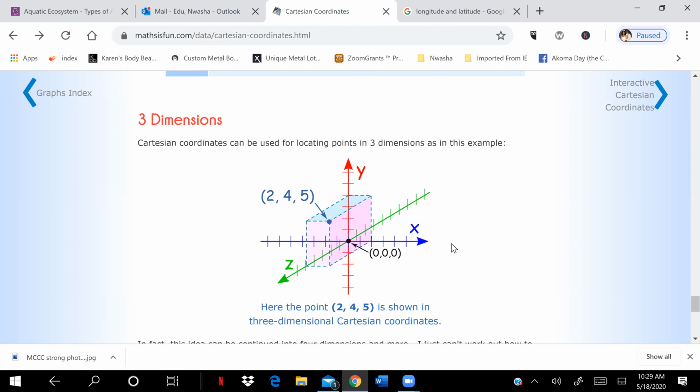So you have the left and the right, you have the up and the down, but now this last one, you have to imagine it coming in and out. So if you put this solid here, they're giving the coordinates of just this point as 2, 4, 5 for an X, a Y, and a Z.